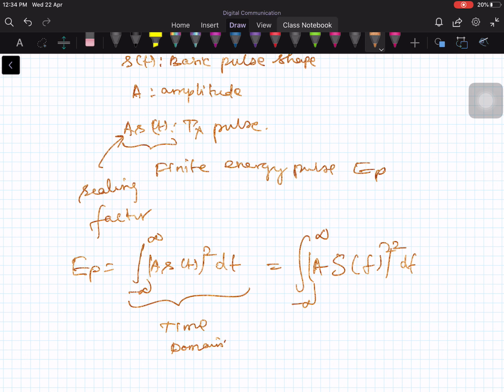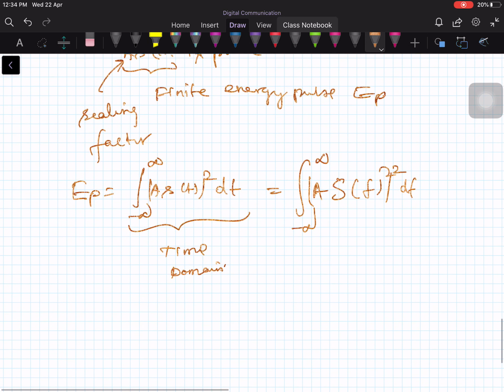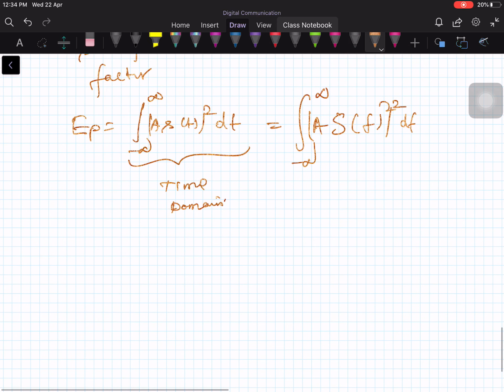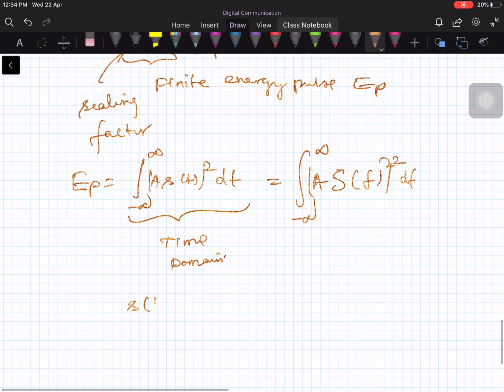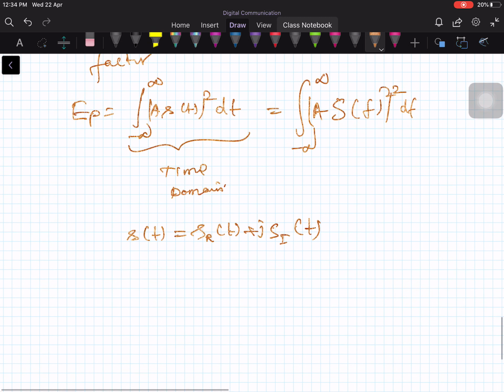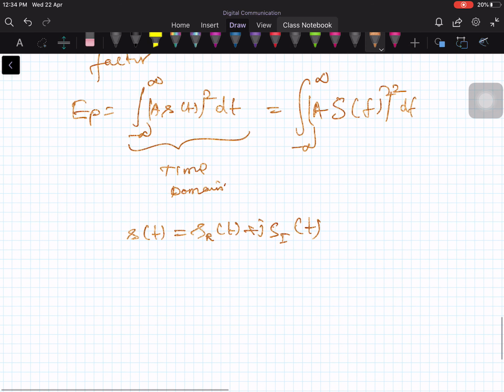Moreover, in the previous lectures I already told you, it is very easy to represent the signal in baseband complex notation. Therefore, we are going to represent this pulse shape as having a real part and a quadrature part, that is the imaginary part, and this is very useful to represent.